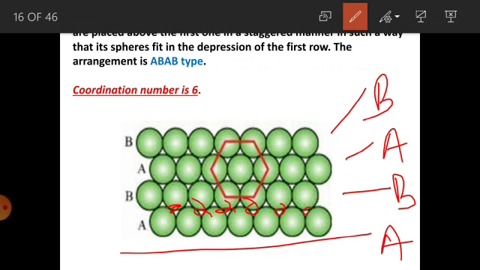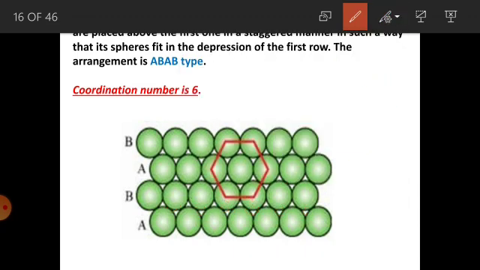Such a type of packing is called hexagonal close packing. If I consider this one sphere, it is connected with 6 neighboring spheres, and therefore the coordination number of this hexagonal close packing is 6.